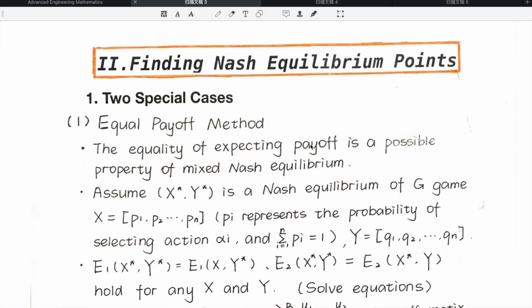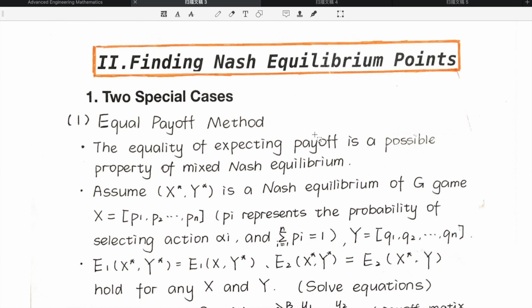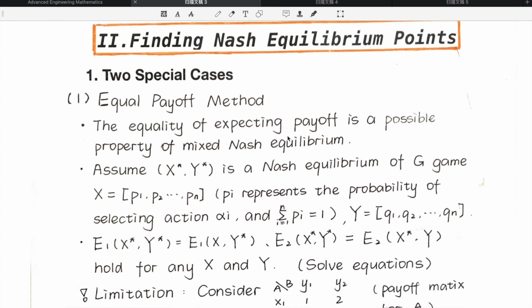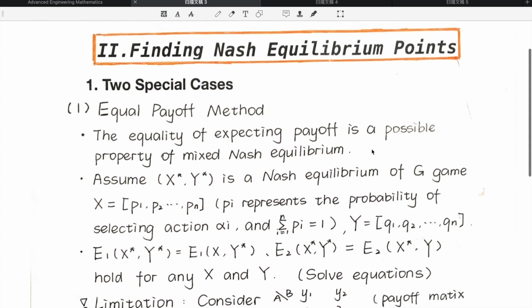But let me introduce a method for some special cases first. Consider a game of two players. If player A can take a strategy such that for player B, whichever pure strategy he takes, his total expected payoff is unchanged, that means that player B cannot gain more by only changing his own strategy. Of course, he can neither gain less by changing in this case.